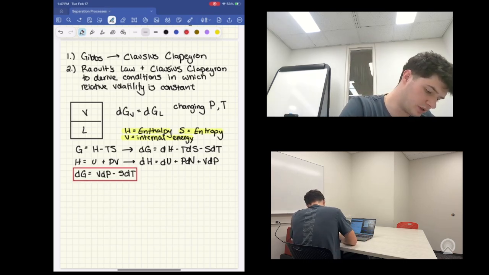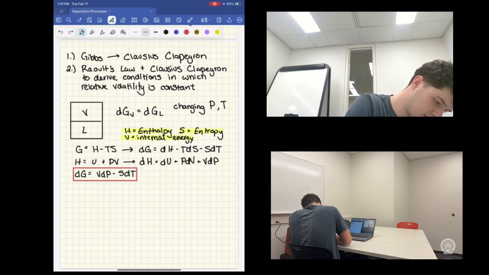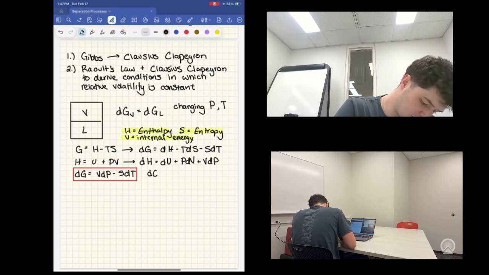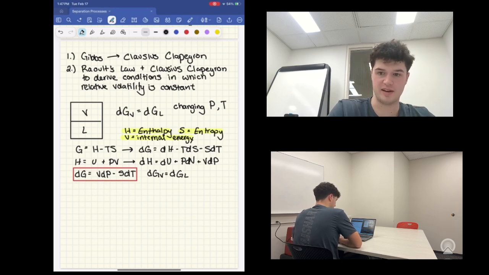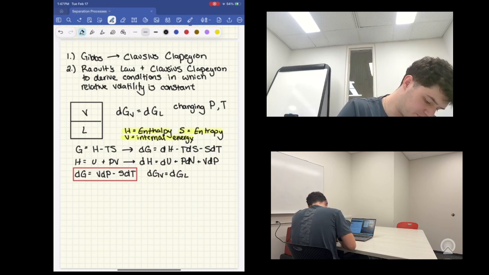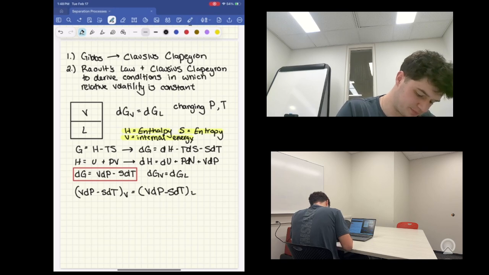So now that we have this equation, we are going back to the equation we have written above, which says dG vapor equals dG liquid. Now, we are able to substitute this boxed equation into the equation to its right, and you will get V dP minus S dT for the vapor is equal to the same thing, V dP minus S dT for the liquid.